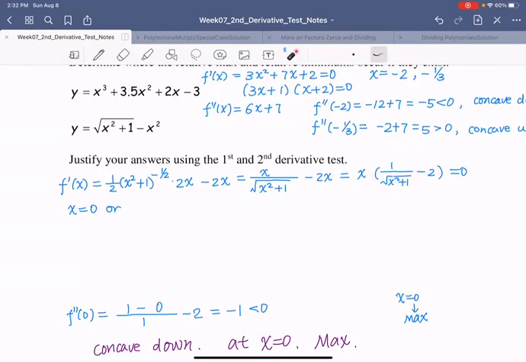And then this guy will equal 1/2, correct?